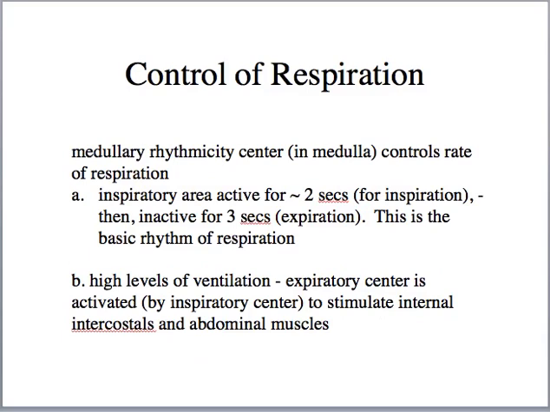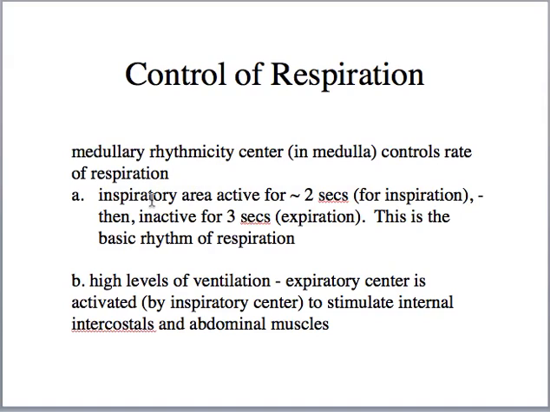Okay, what are the things that control respiration? Well, we've got different areas of the brain that are involved. First of all, in the medulla oblongata, we have what's called the rhythmicity center, and this controls the rate or rhythm of respiration.